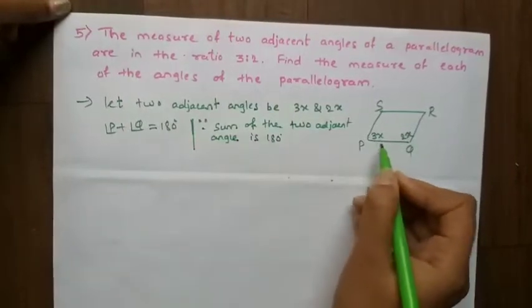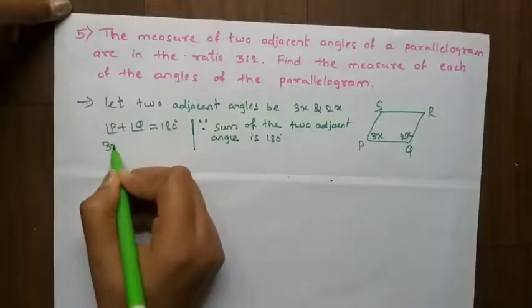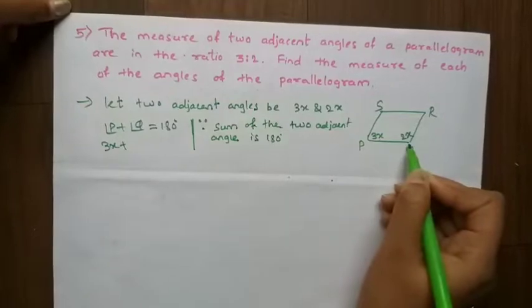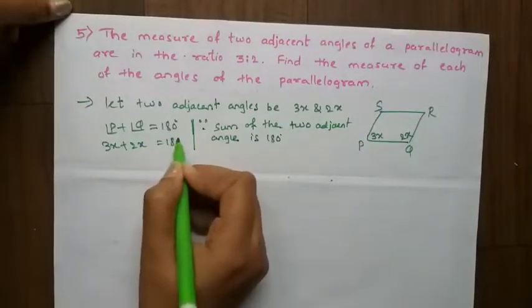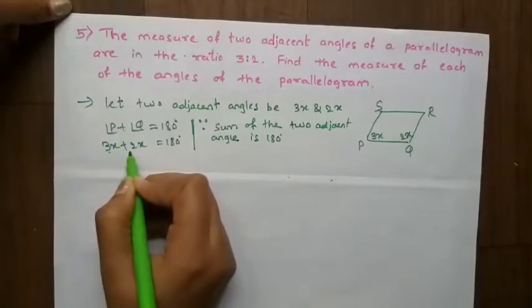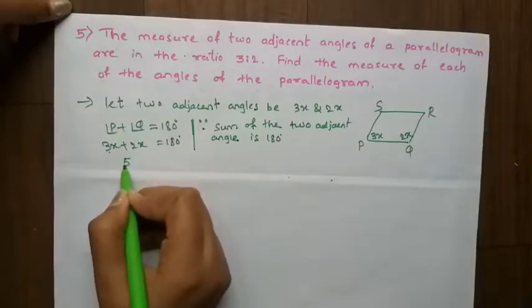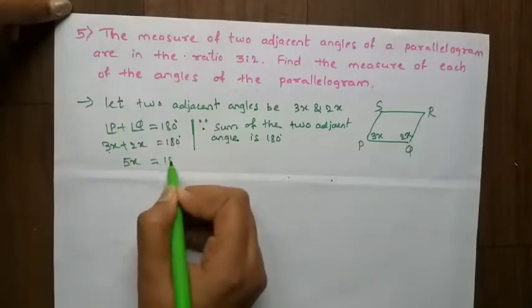Angle P is 3x, angle Q is 2x, so 3x plus 2x is equal to 180 degrees.